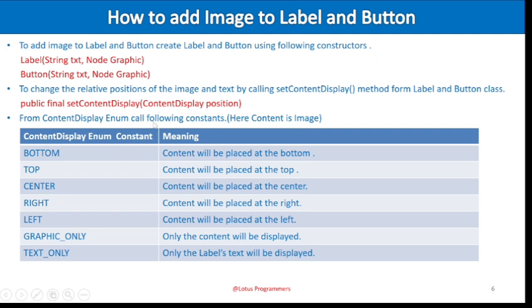So this is the way seven constants are defined in the ContentDisplay enum, in order to control the displaying of the image on the label or on the button.